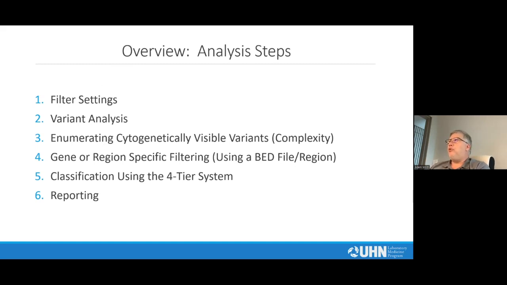So generally, this is the overview for the presentation as a whole. We've got the analysis steps that we take. I'm going to take a quick moment to review filter settings.